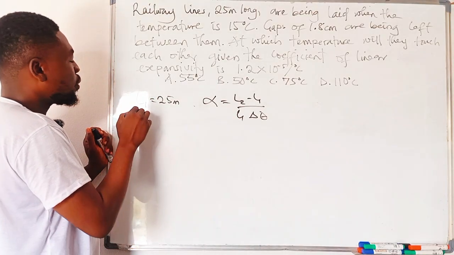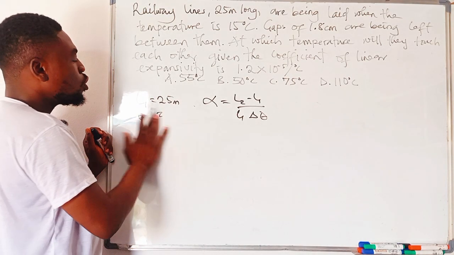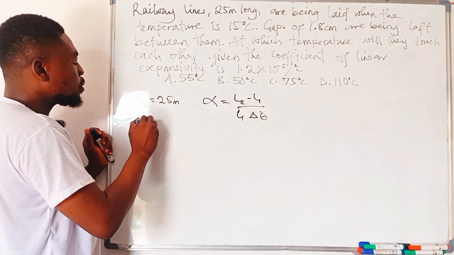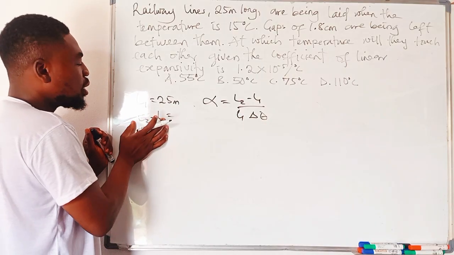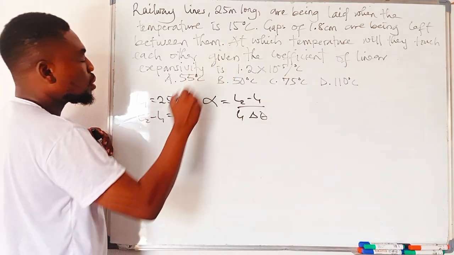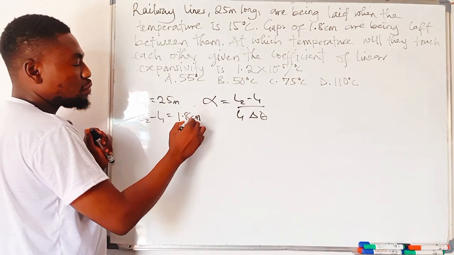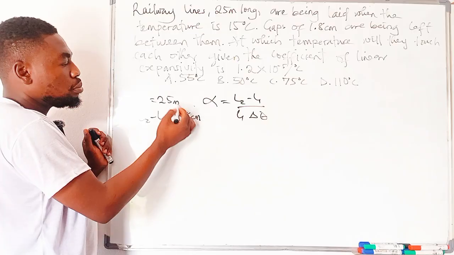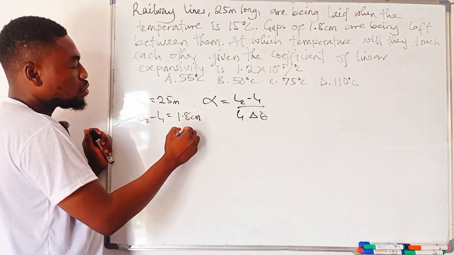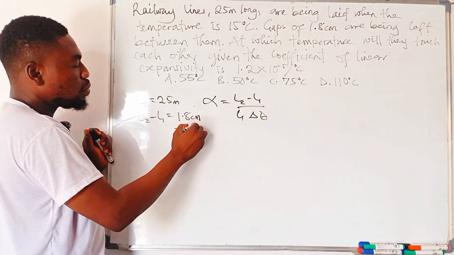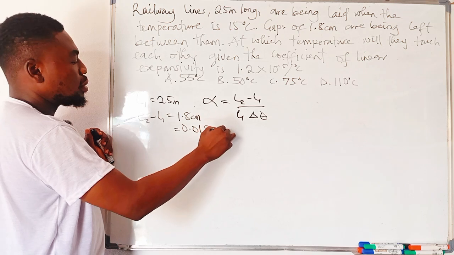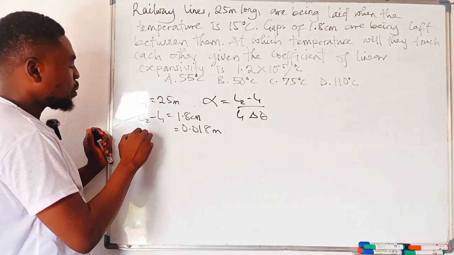We don't have L2, but we know that L2 minus L1, which is the change in length, is 1.8 centimeters. We have to change this back to meters, dividing by 100, we have 0.018 meters.